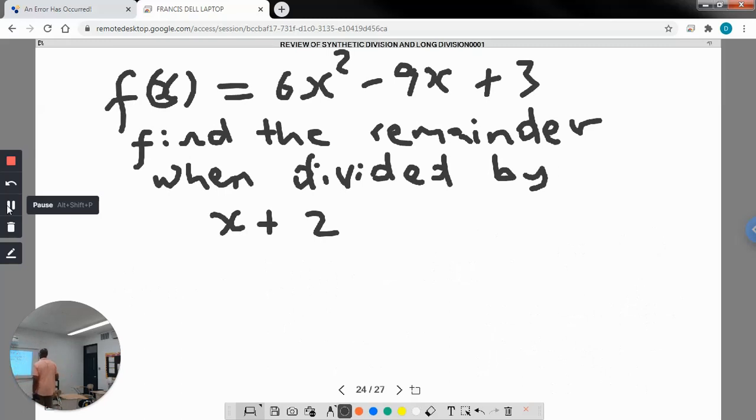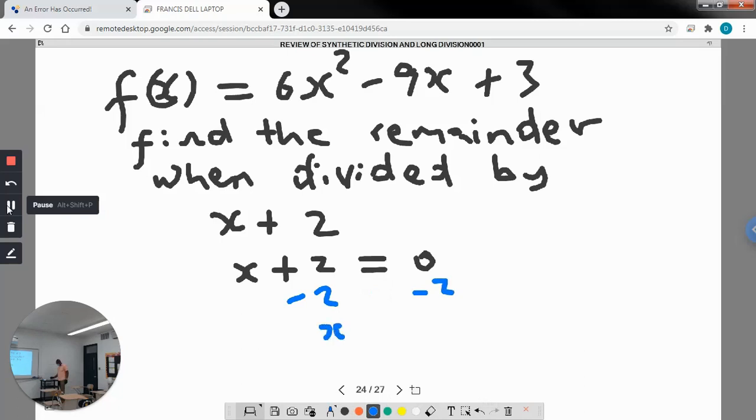First step here is to equate this to 0. So you're going to have x plus 2 equals 0, which means that you're going to subtract 2 on both sides. So x is going to be equal to negative 2.